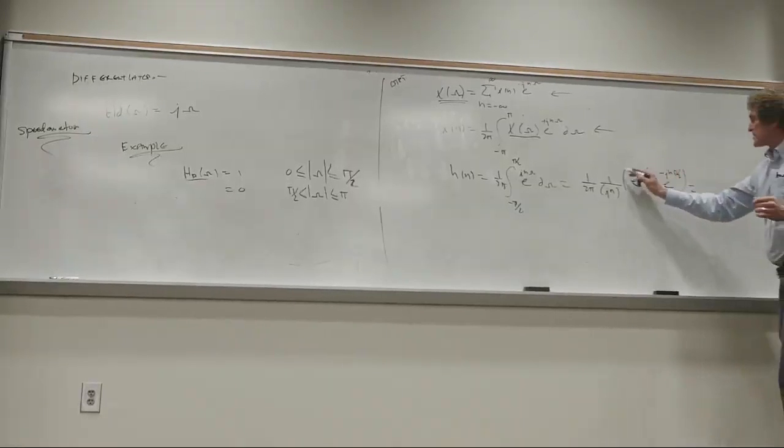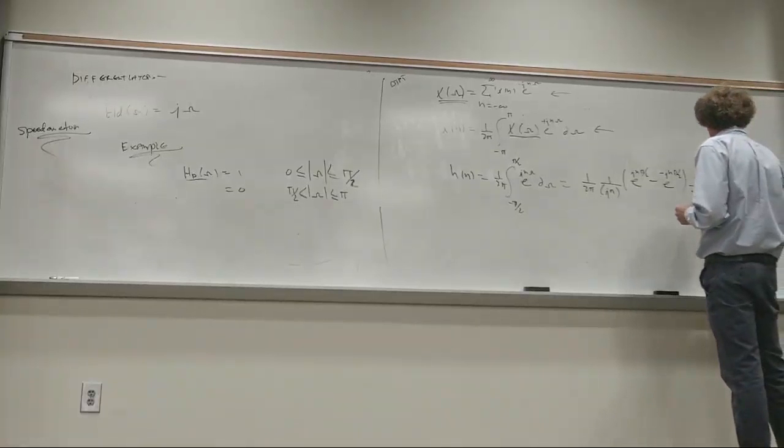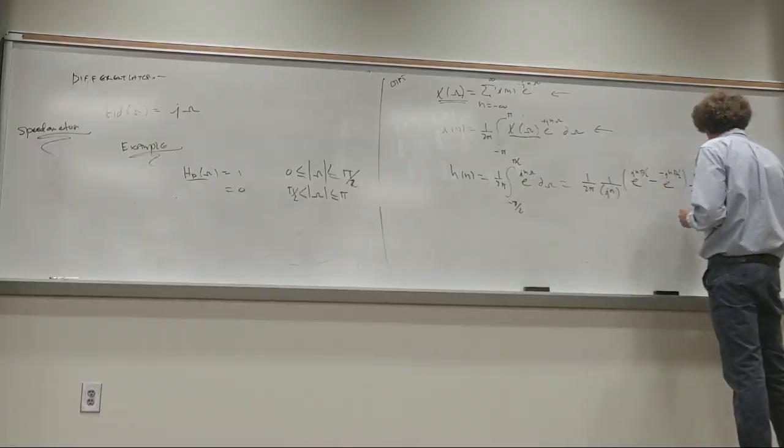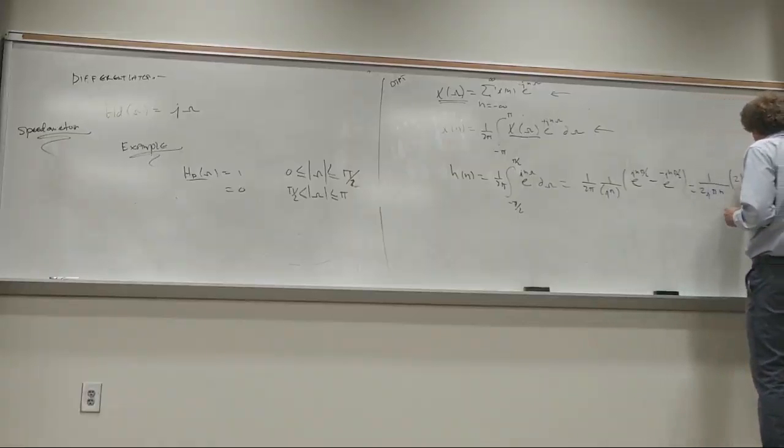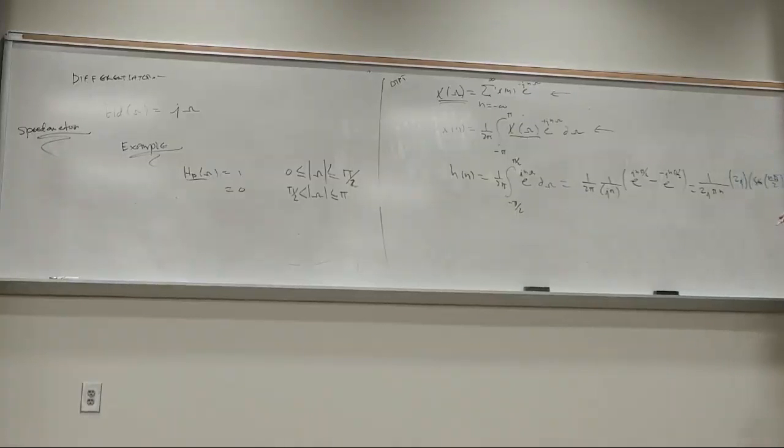I'm going to take this and say that's really 2j times the sine of the argument n pi over 2, correct? And then I see a j down here, but I'm going to write the whole thing out for you first. So I have 1 over j times 2 times pi times n, and then there would be 2j times the sine of n pi over 2. Are you with me?